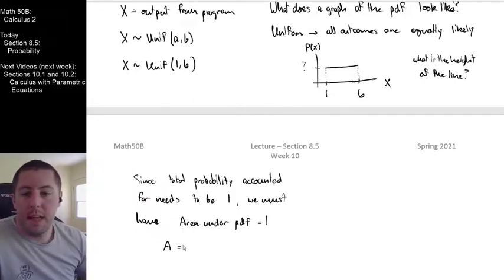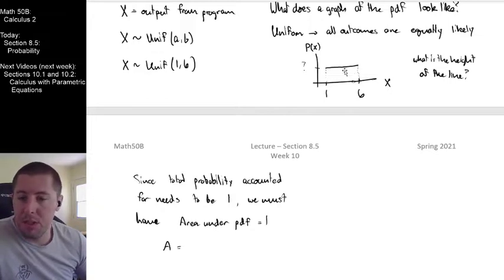What that means is that I just need the area underneath my probability distribution function to be equal to 1. That would represent all 100% of all the probabilities having been accounted for.